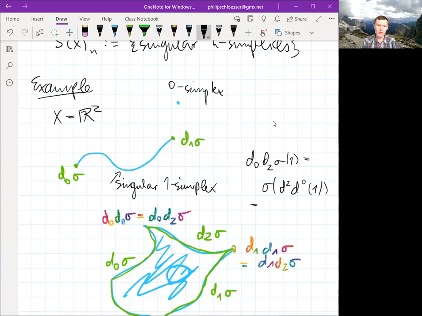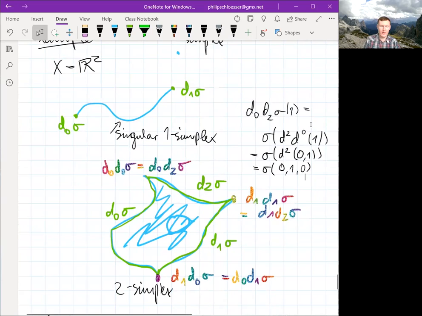Now what does d naught do? d naught of 1 is just 0, 1. And then we apply d2 to that. So this is 0, 1, 0. And the other way around. Did I write things wrong?